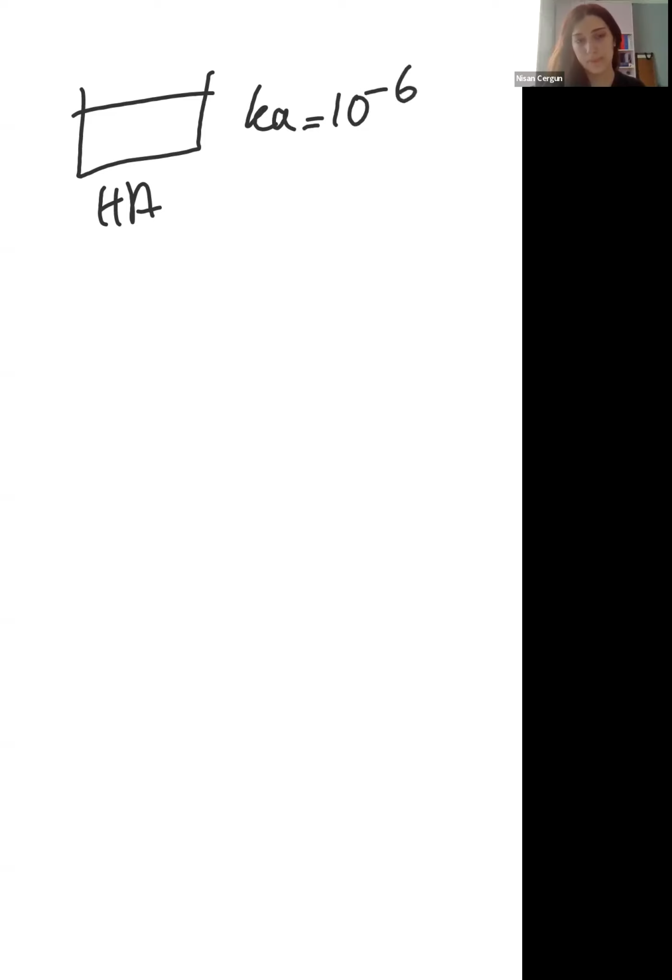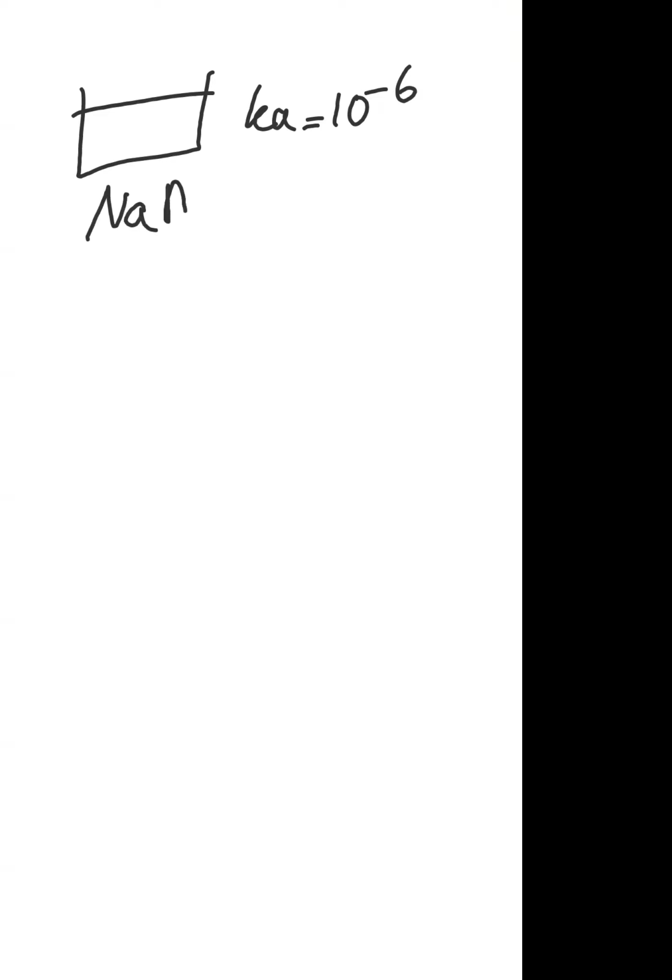let's say, HA with a Ka value of 10 to minus 6. Then we have NaA, let's say, and the concentration of this one is 10 to minus 2.